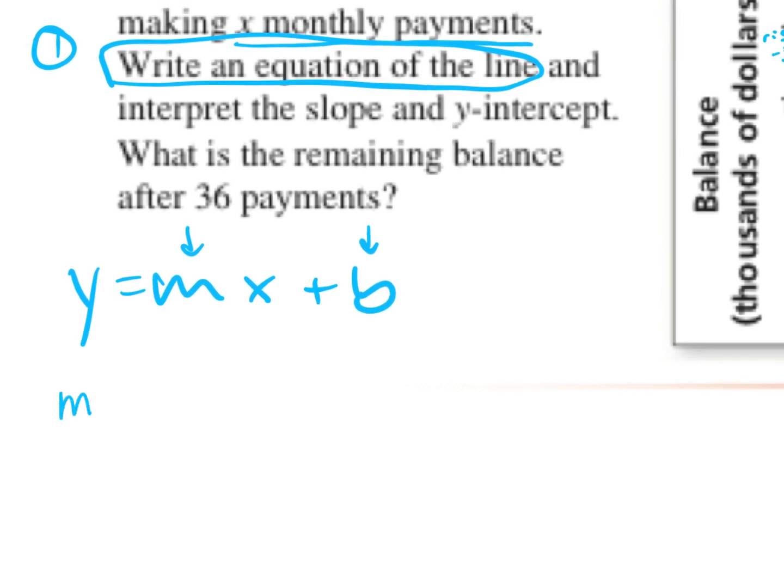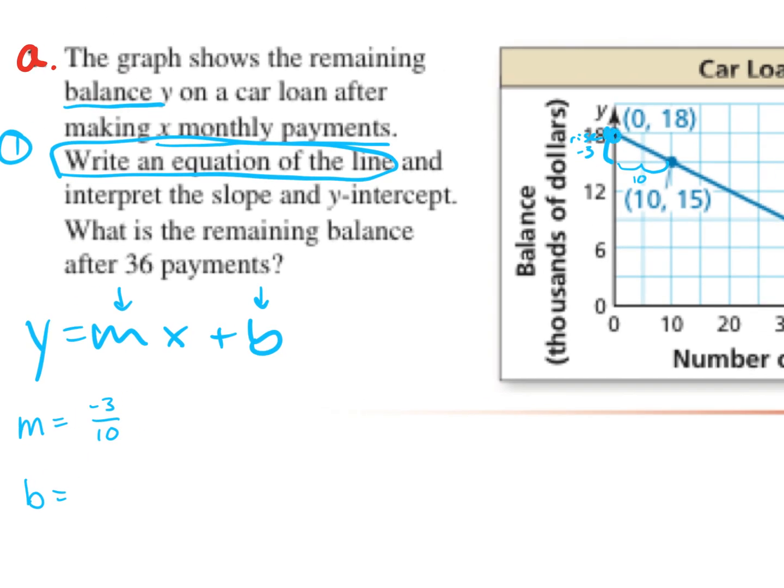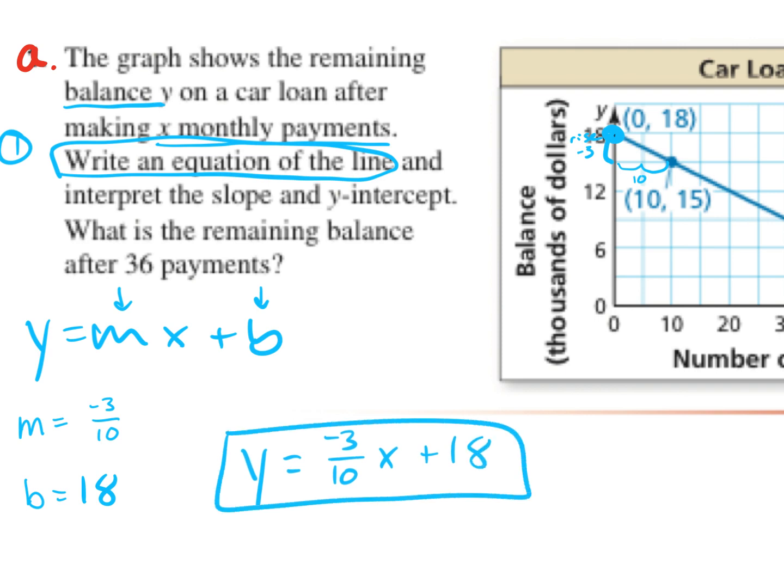So our slope would be -3 over 10. What's our b? Where do we cross the y-axis? 18. Awesome. So let's plug it in. Our equation of a line is going to be y equals -3 over 10x plus 18. So that's the first answer.